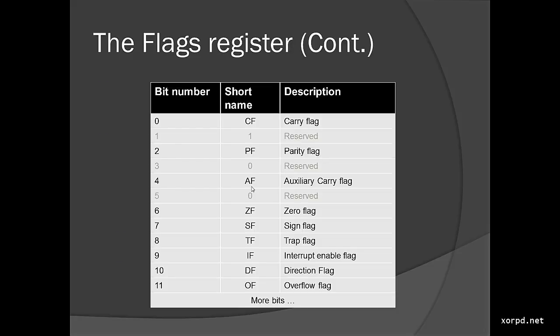Let's take a look at what the flags register looks like, at least the lower part of the flags register. I didn't want to overwhelm you with all the strange flags that it contains. So this is really the lower part. This is bit number 0.